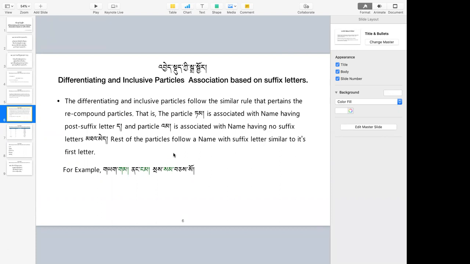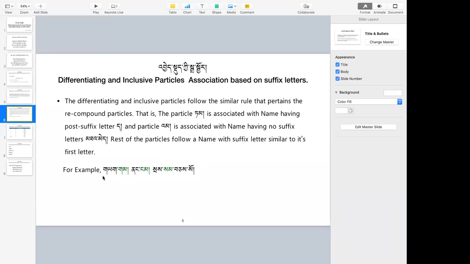Now we are left with the rest of the particles. The rest of the particles will follow a name with a suffix letter similar to its first letter. What do I mean by it? We have kam, and the first letter of kam is ka.